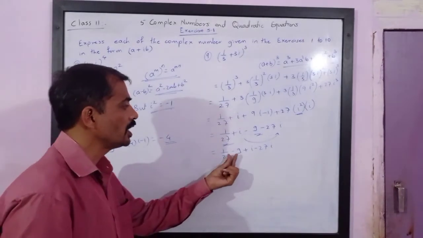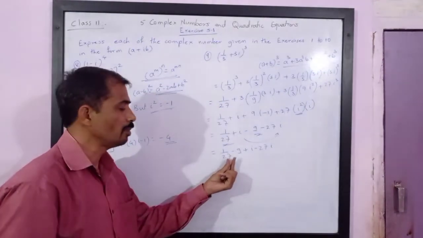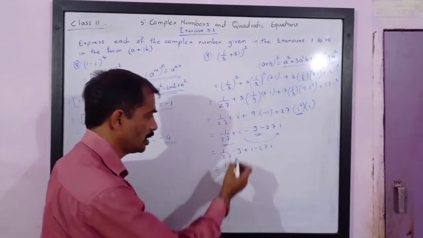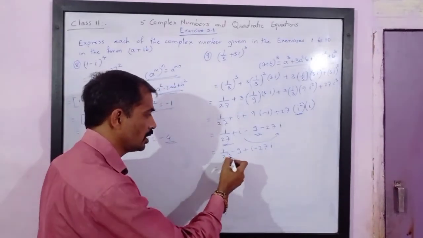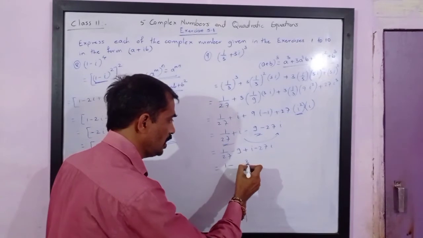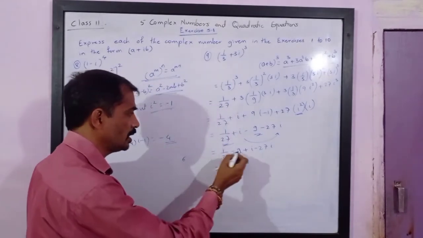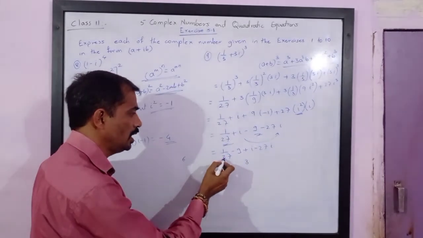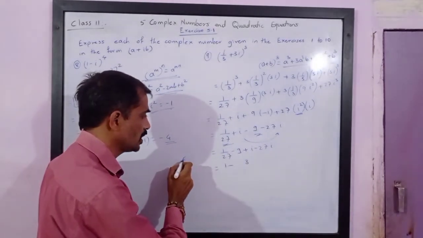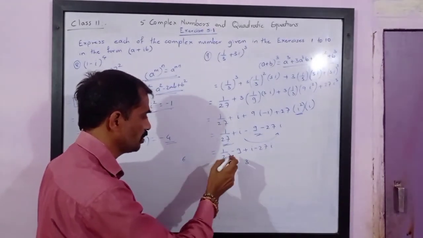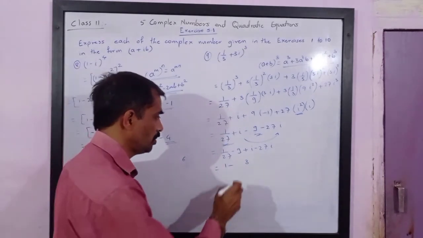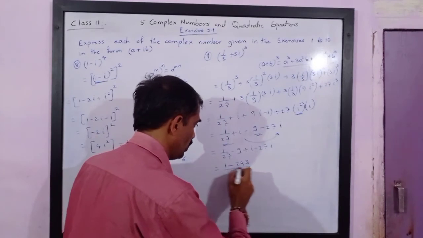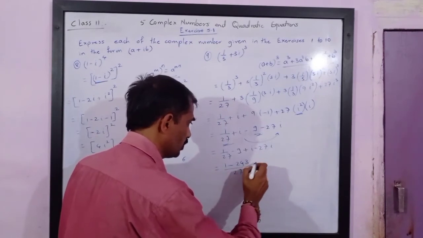Now here denominators are not same, so we need to do the cross multiplication. This is equal to 1 minus 9 into 27. 7 9s are 63, 6 carries. 9 2s are 18. 18 plus 6 is 24 upon 27.